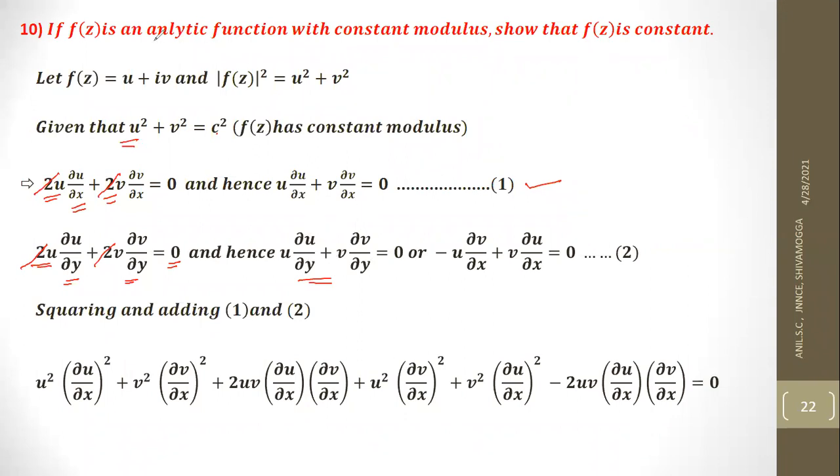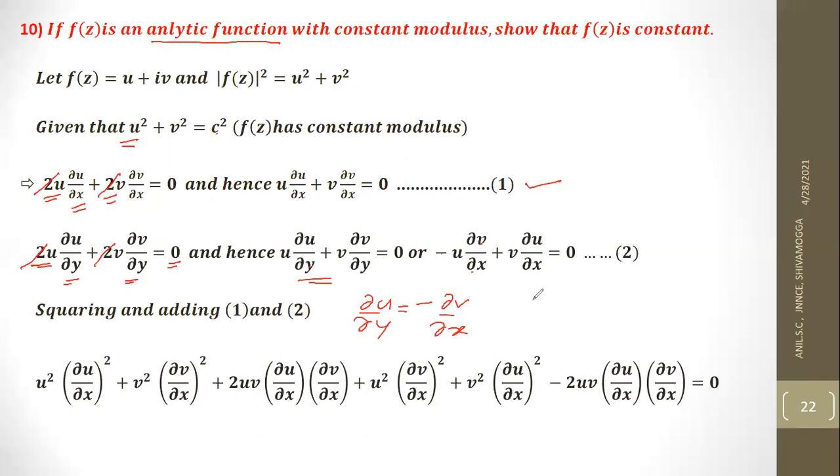Since f of z is an analytic function, CR equations hold. Therefore, u into del u by del y. We know that del u by del y, by the second CR equation, is equal to minus del v by del x. Therefore, u into del u by del y is minus u into del v by del x, plus v into del v by del y.